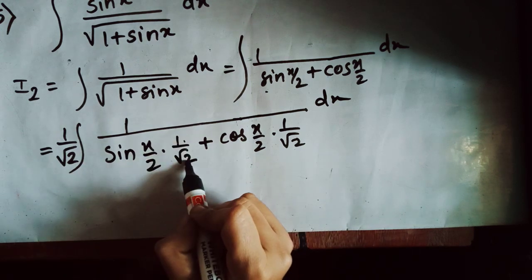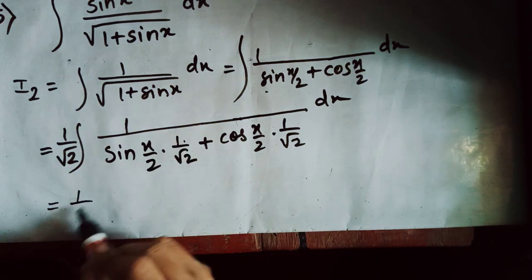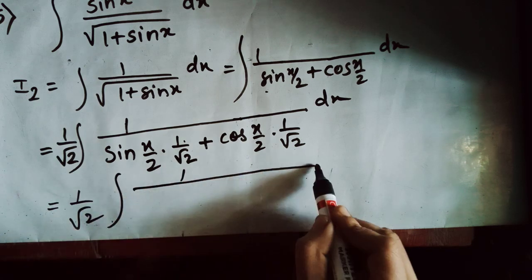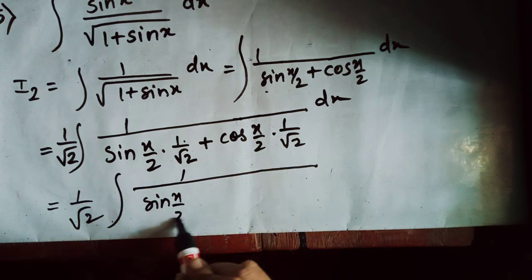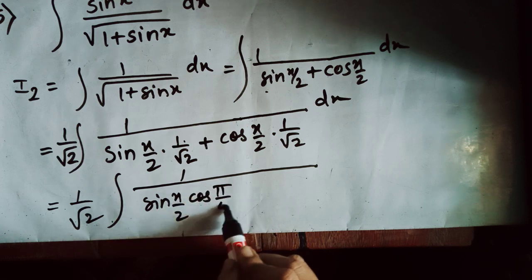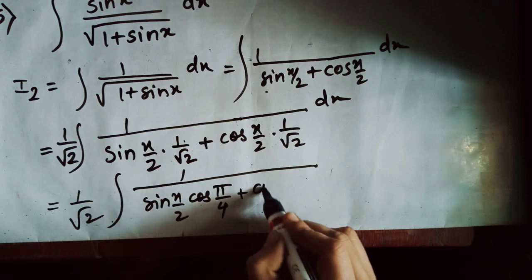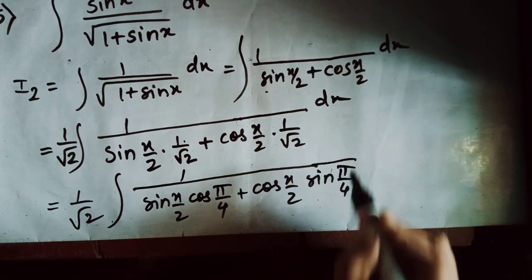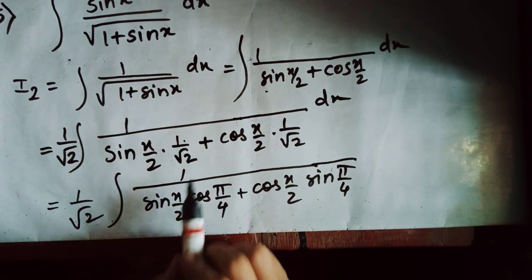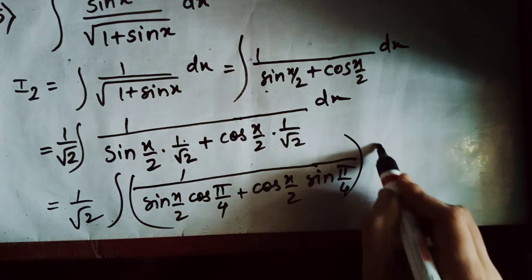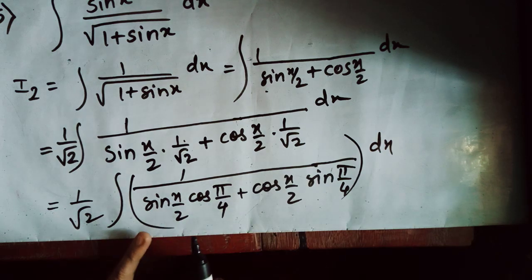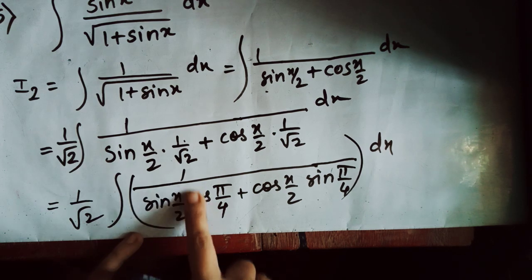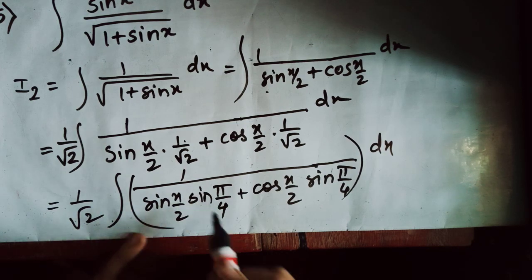So this 1 upon root 2 I can write as cos of pi by 4, right? Plus cos x by 2, and this is sin pi by 4. That is, sin pi by 4 and cos pi by 4 are 1 upon root 2. Okay, so this becomes sine x by 2 into, wait, this I can write as sine pi by 4, right?